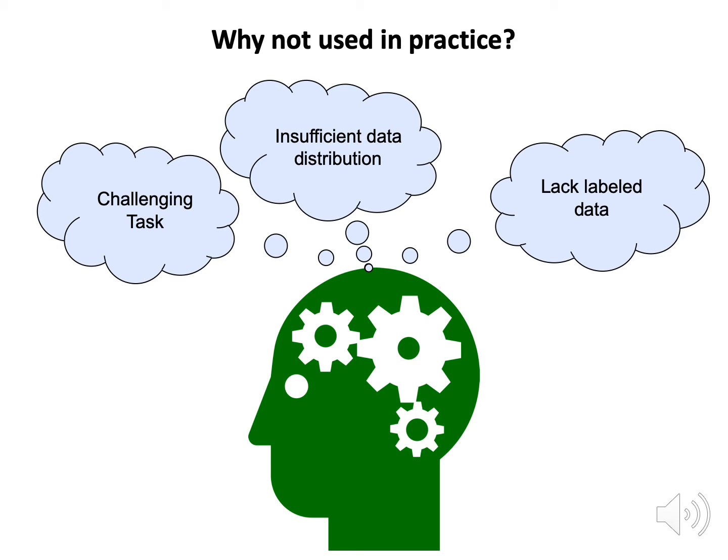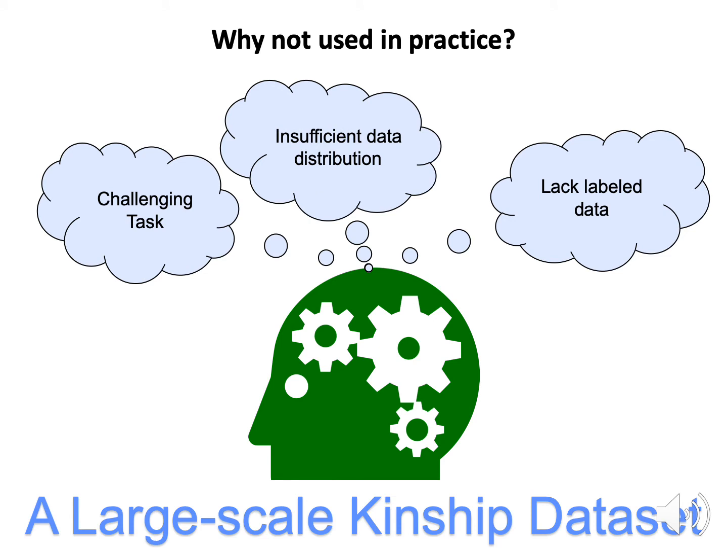There was no large-scale data set that could support such a task. So our goal was to build a large-scale kinship recognition data set such that we can address these three issues, with more data, better data distribution, and address the challenging task with modern day deep learning supported by the labeled data.